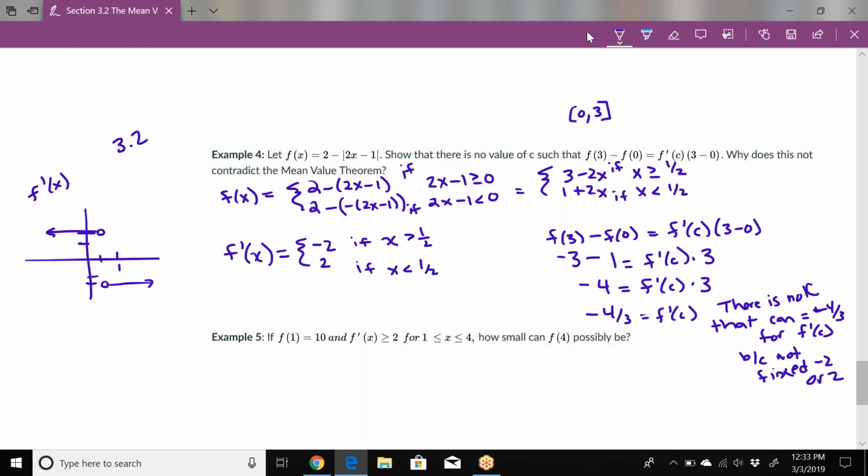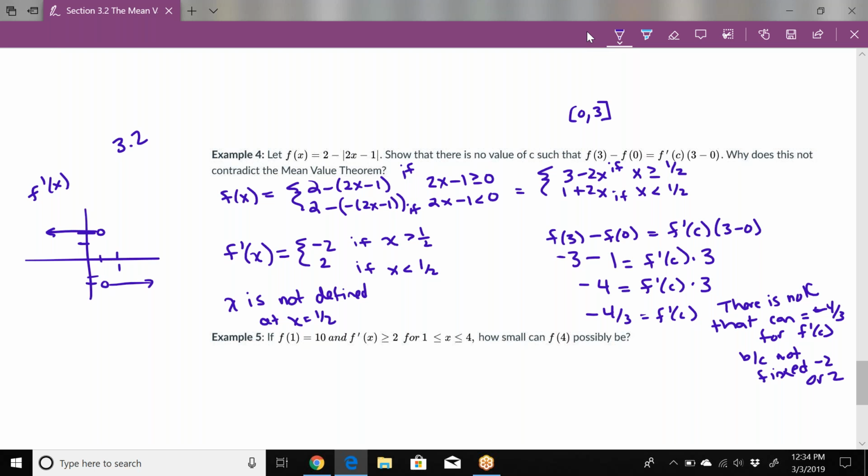Now, why did this happen? Why did this fail? Why does it not contradict the mean value theorem? The reason it failed is that in this interval, we actually have a non-differentiable point. The function is not defined at x equals 1/2.